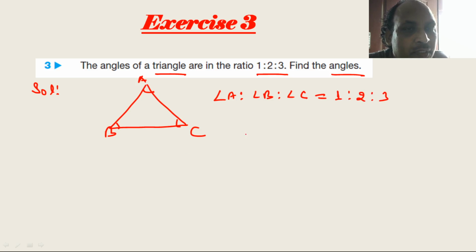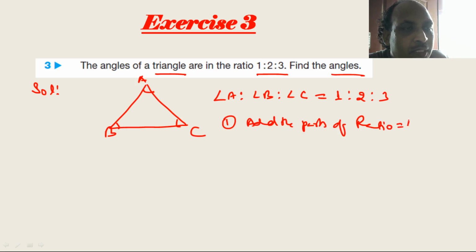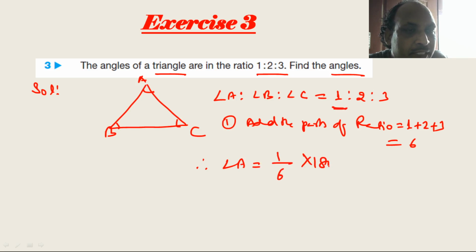Let us find out. Again the same step, add the parts of the ratio, which will be equal to 1 plus 2 plus 3, and that is 6. Okay, right. Therefore, angle A will be 1/6 into 180 degrees.